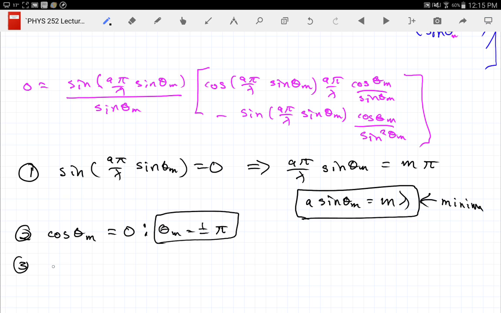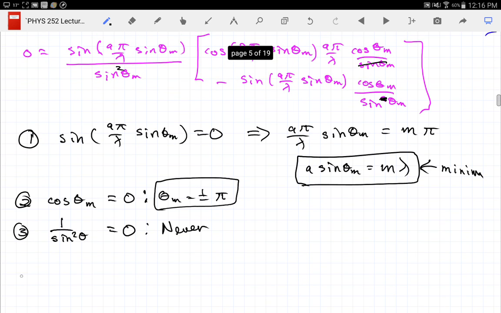Condition 3. 1 over sine squared theta equals 0. How do I get the sine squared theta? Take one of these out and one of these out and bring it out here. Well, when is that satisfied? Never. So that gives me no useful solution. And then I'm left with the one that I've been trying to avoid.